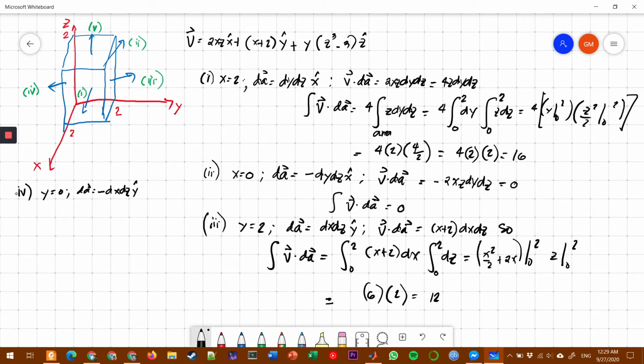Okay? So we go straight to the integral. We have v dot dA, so again you multiply the y component. But since the direction is negative, we have negative x plus 2 dx dz.